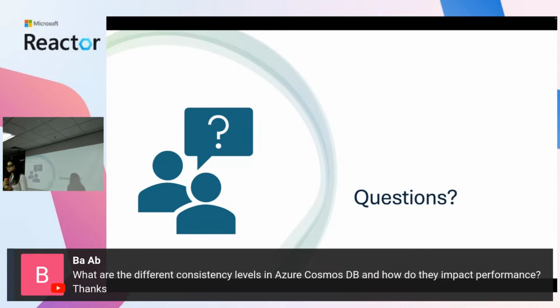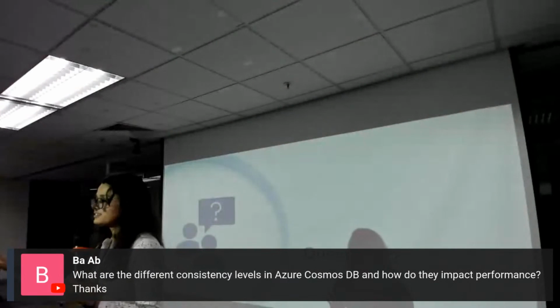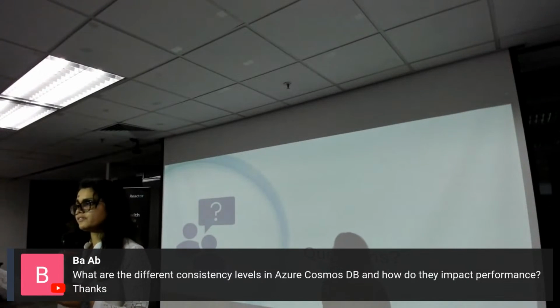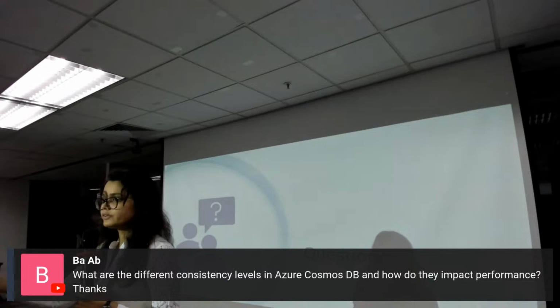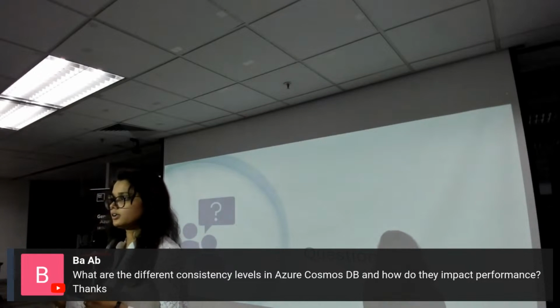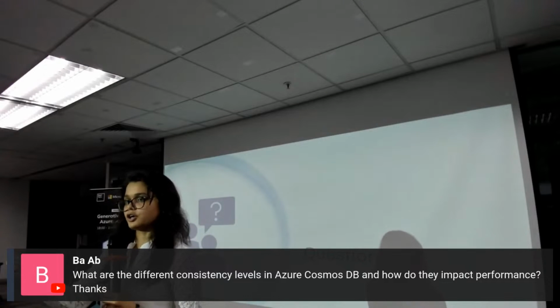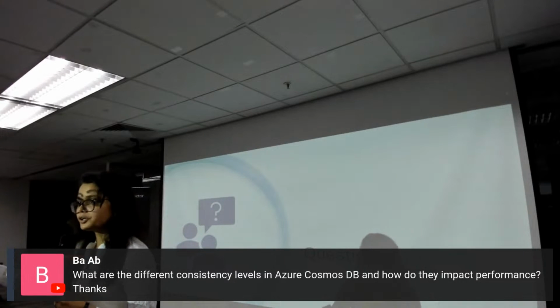There are five levels of consistency that Cosmos DB provides. Everyone would know ACID transactions, right? So that's strong consistency. When you do a financial transaction, it is a strong consistency model that is guaranteed with ACID transactions: atomicity, consistency, isolation, and durability.